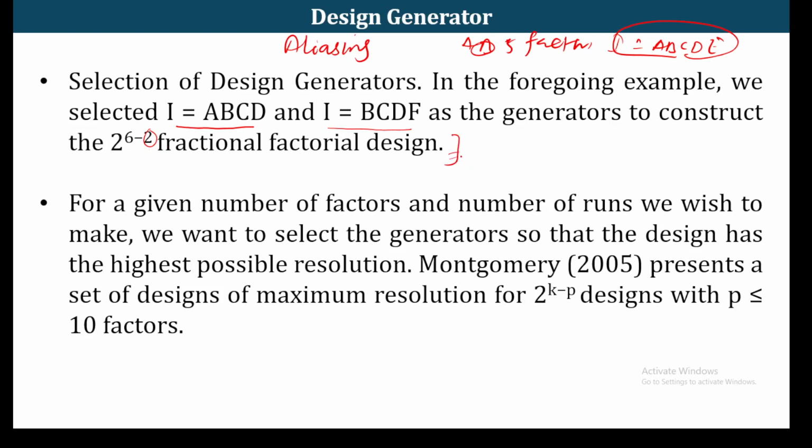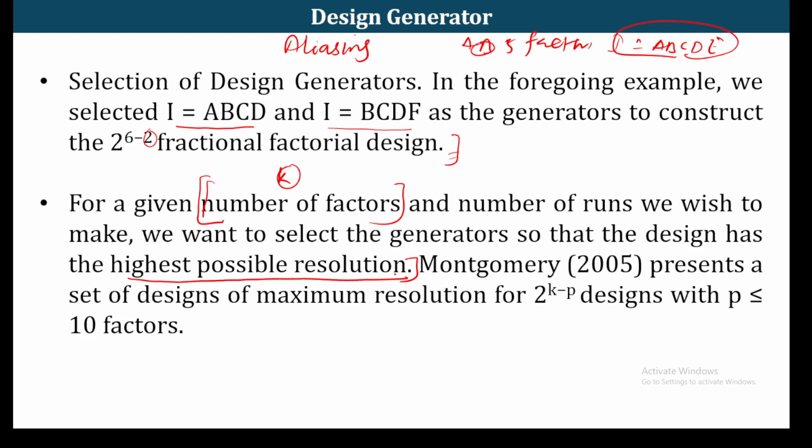So we have to see from the table, for a given number of factors, say k, and the number of runs we wish to make. That number of runs is what we are keeping. We want to select the generator so that the design has the highest possible resolution.